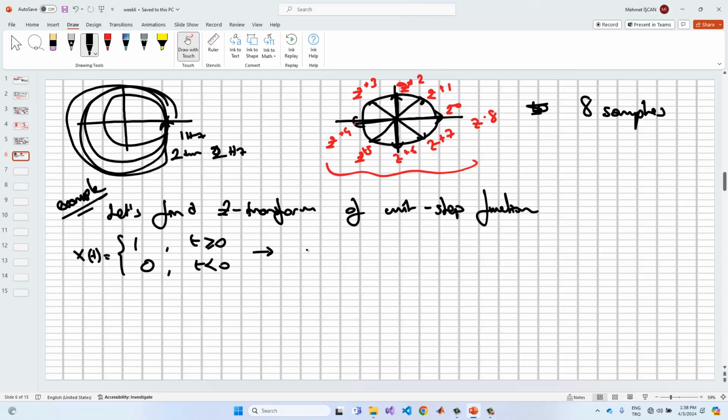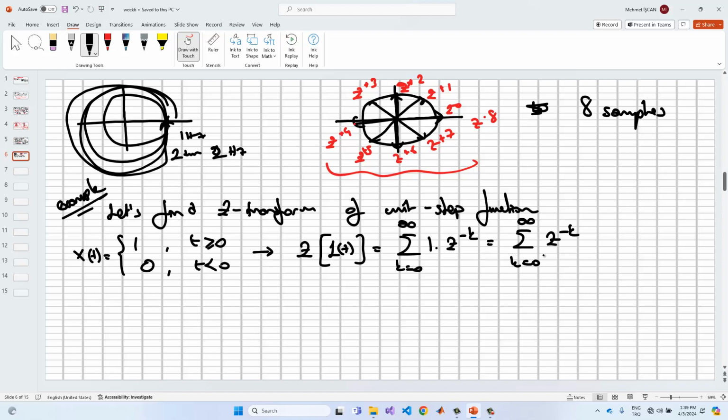Okay, and so the Z transform of 1(t), or the unit step, can be dealt with as the what? The summation from k equal to 0 to infinity of value 1 times z minus k, because all the times represent what? The 1 unit step, right? If the t is greater than 0, and so this is equal to the what? The sum over k equal to 0 to infinity of z minus k.